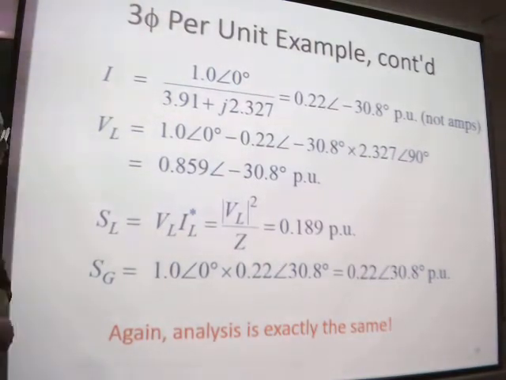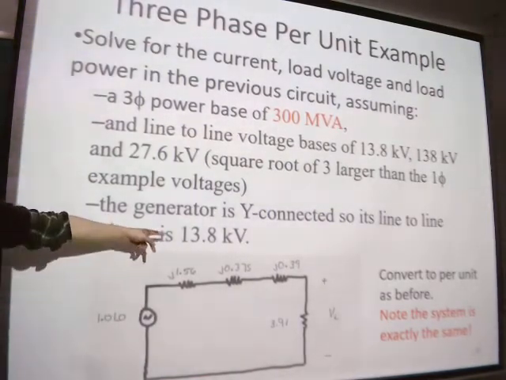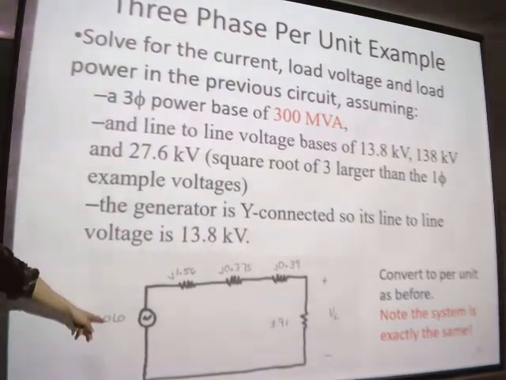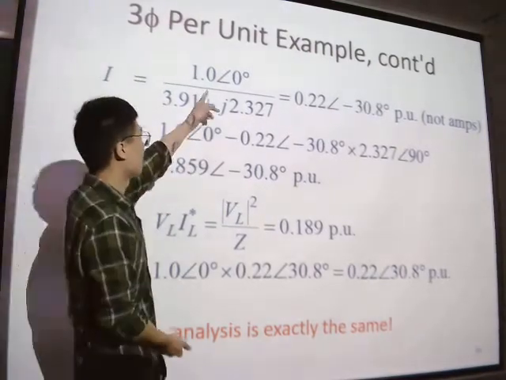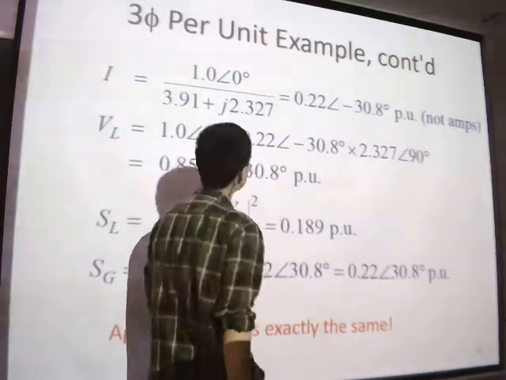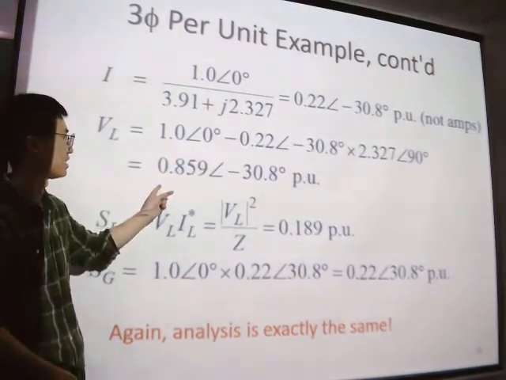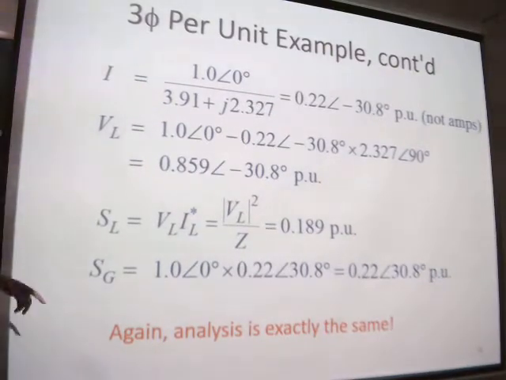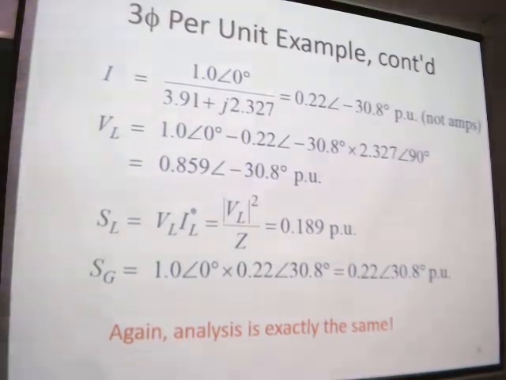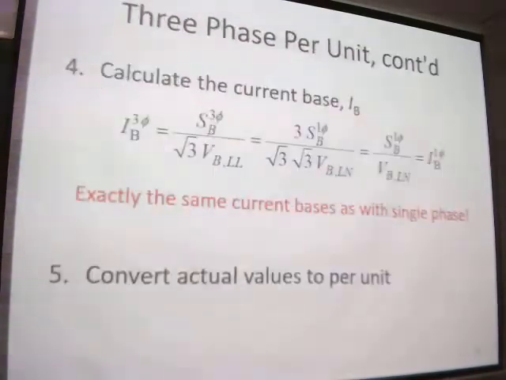And we'll see that for the voltage base, 30.8 divided by 30.8, so it will be 1 per unit. The same current, the same voltage of the load, the same calculation, and we get the same result. And for the complex power of the load and the generator, it's the same, so everything is the same value.